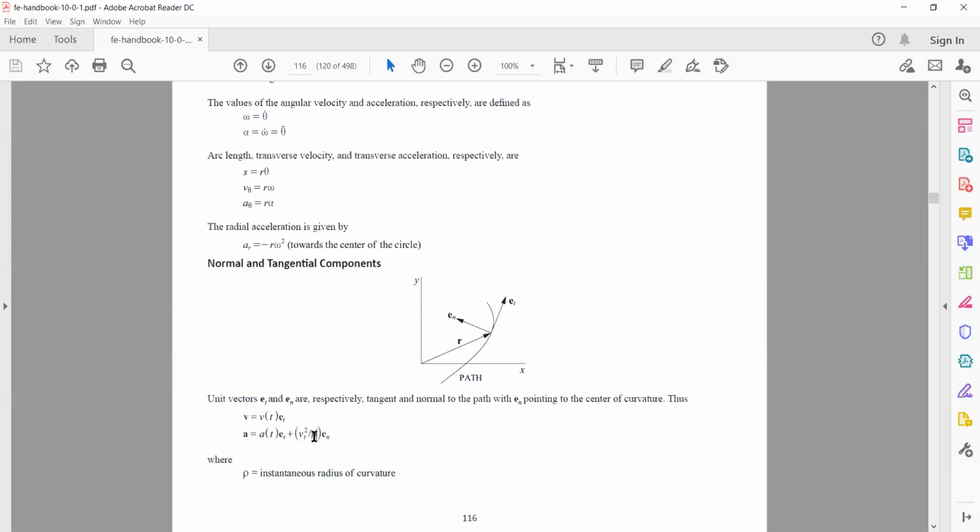V squared over rho, which they use rho here instead of r. It's the radius of curvature. So in this case, wherever the center of rotation is, it's going to be from that position to the object that's moving or the path that it's moving on. If you take the tangential velocity squared divided by that value, you will get the normal component of the acceleration.